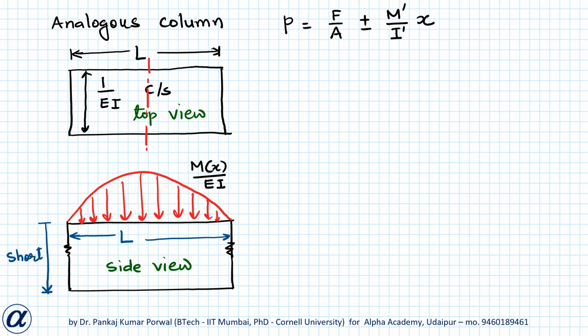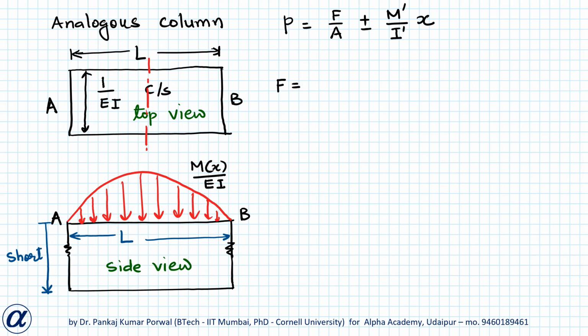I dash is the second moment of area of the analogous column cross section about the centroidal axis, and X is the distance of any point on the column cross section from the centroidal axis. And here this edge is A, this edge is B, this point A, this point B. Now let's find all these quantities.